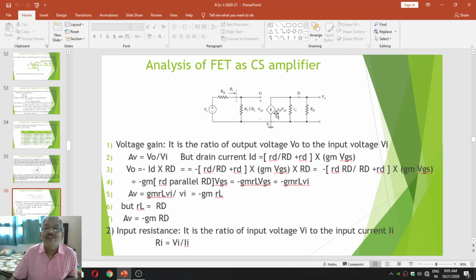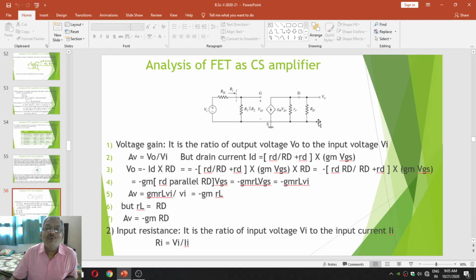This represents the output current, that is ID equal to Gm into VGS. rd is the internal resistance of the source, in parallel to the current source. RD is the drain resistance across which we take the output. So this is the small signal model of the FET in common source amplifier.